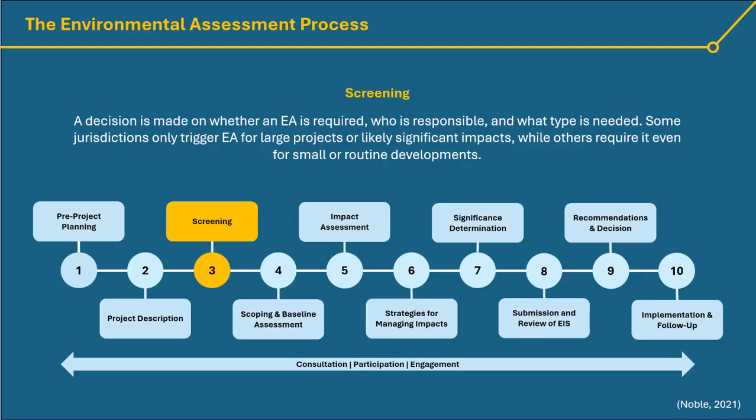There's a provincial process, a joint review, or basically no assessment at all. So this screening is actually a pretty high stakes stage, especially for the proponent and for Indigenous communities as well. Especially for Indigenous communities, they might not be consulted until much later in the process if the project is screened out. And no assessment is required.